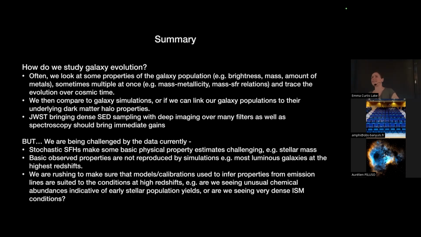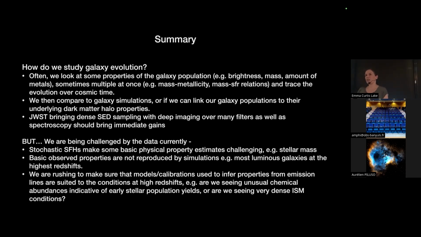JWST is bringing dense SED sampling, so we can disentangle the emission line contributions. It's got spectroscopy, and it's going very deep, so we can look to fainter galaxy populations, higher redshifts. But at the moment, thankfully in some ways, because I'm glad that it's given us some very interesting puzzles to chew over, stochastic star formation histories make all of this challenging, because that basic physical property that we might like to obtain, stellar mass, is incredibly challenging.